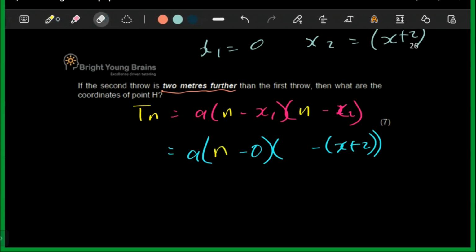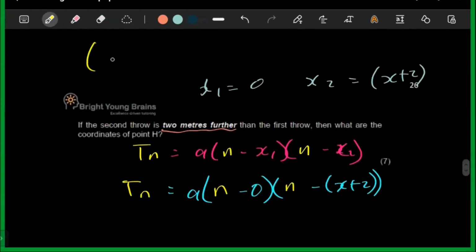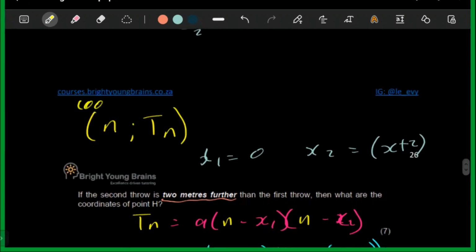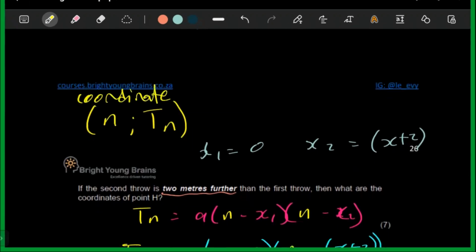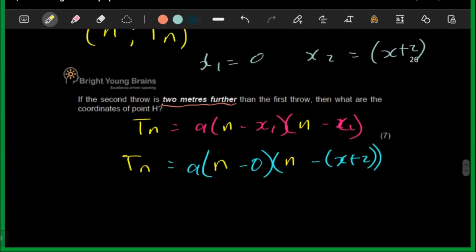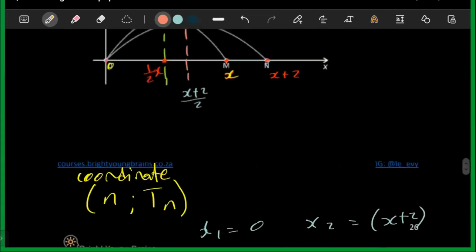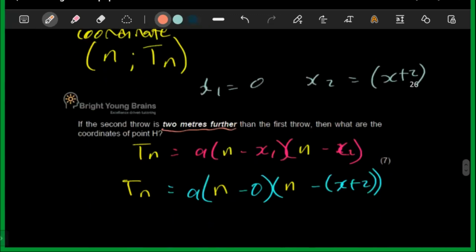Otherwise, it's going to be a problem. So in our situation here, the Tn is just representing a coordinate. Fortunately, we have a coordinate that the graph passes through: it is the 4 and 2 here, x value 4, y value 2.